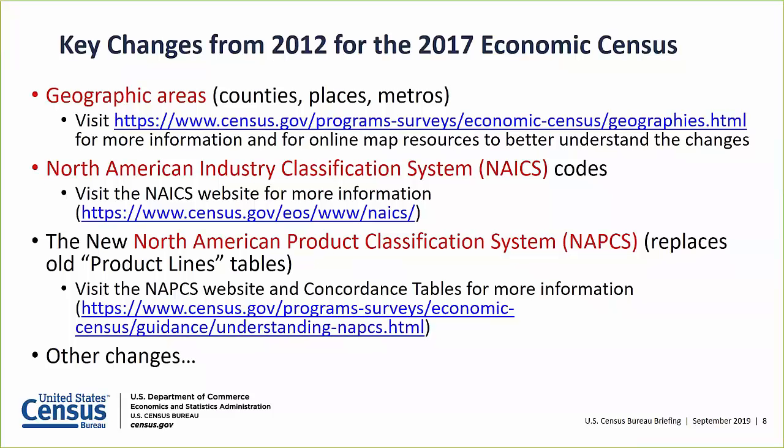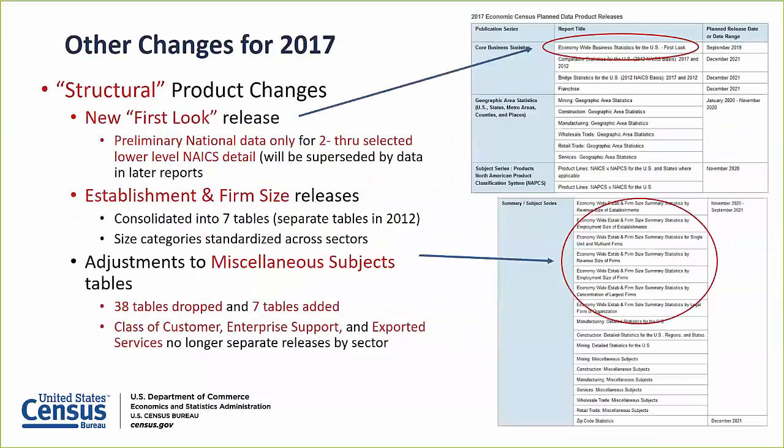We also publish data on product lines. For 2017, we'll be using the new North American Product Classification System. These products are still under discussion right now, so I provided the link to the page where you can go to learn more about the NAPCS changes. And of course, there are many other changes coming as well. I'm going to quickly walk through those, and then we'll get right into the demo.